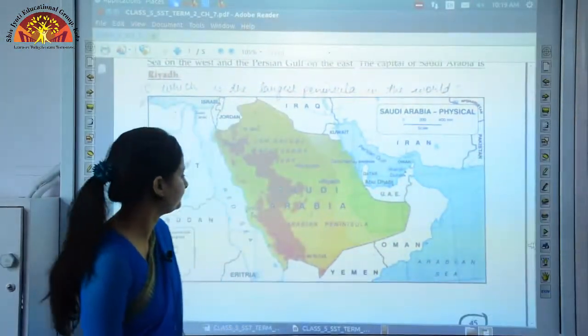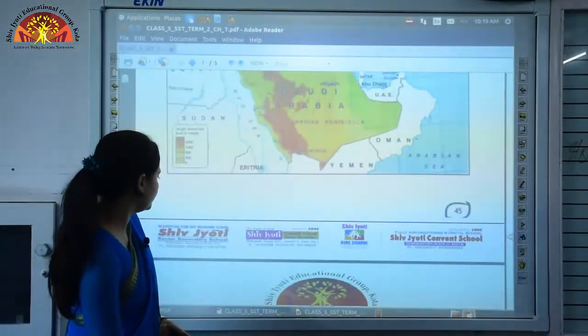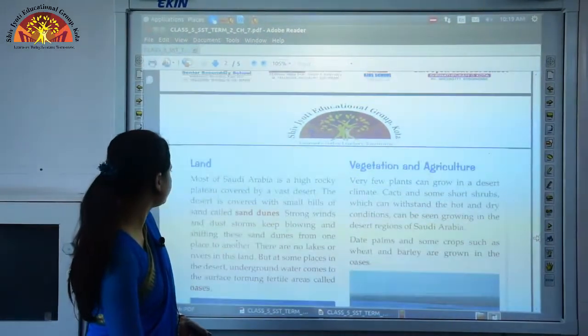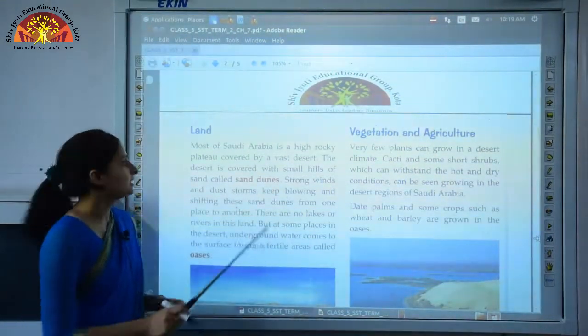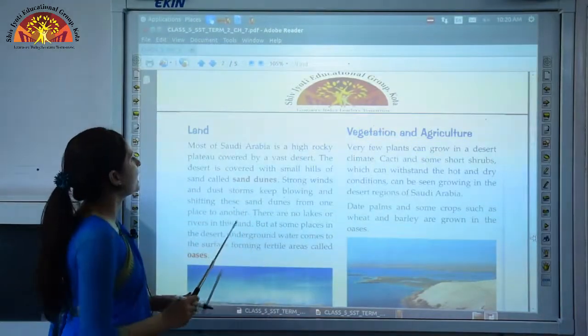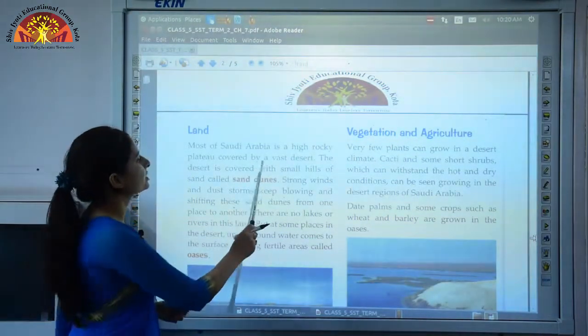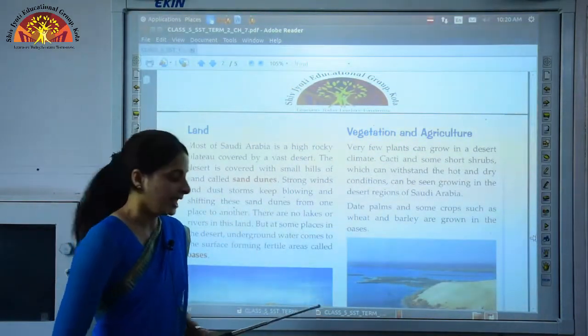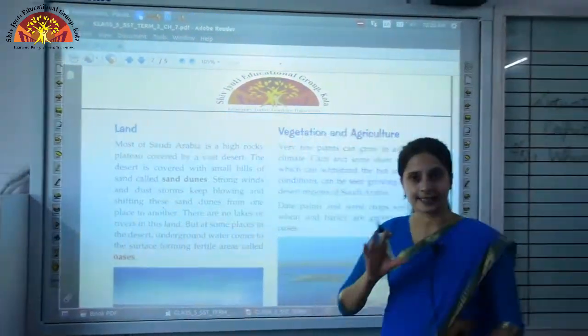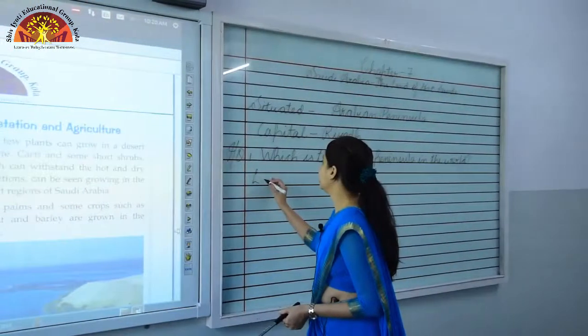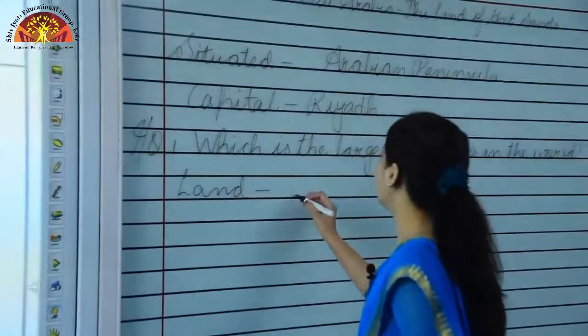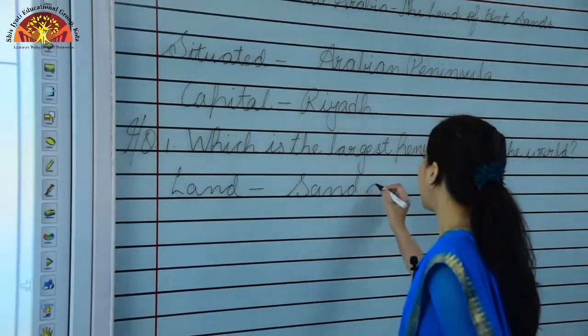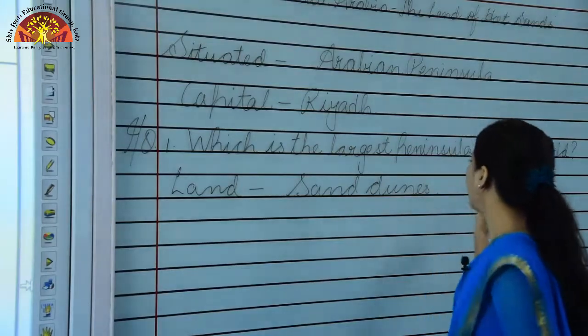Now, we will talk about the land of Saudi Arabia. As we learnt that most of the Saudi Arabia has a high rocky plateau which is covered by the vast desert, and over here in these desert area you will find sand dunes and oases.